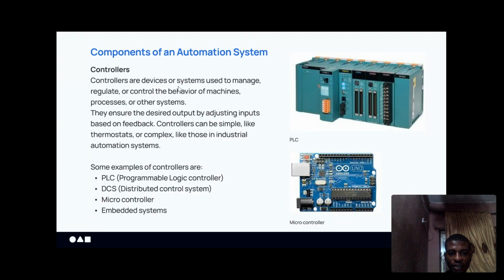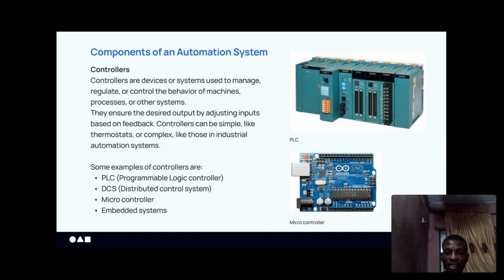Another component is the controllers. The controllers are used to manage the behaviors of the system. They are used to design output by assigning inputs based on feedback. Like we saw in our first slide, for every control system, not all control systems, some control systems like relay logic control systems don't require controllers.